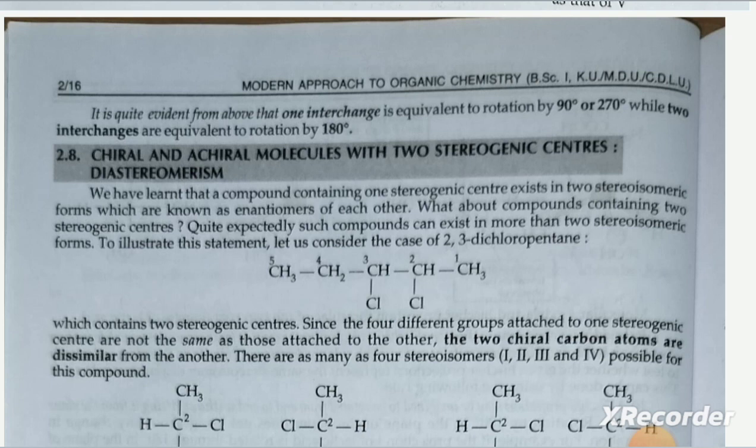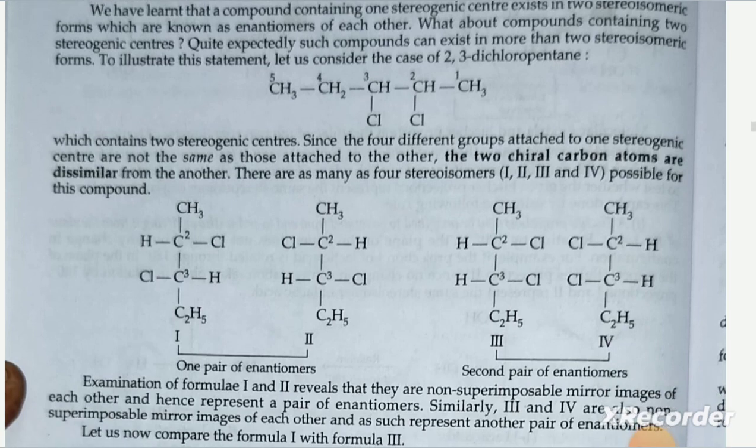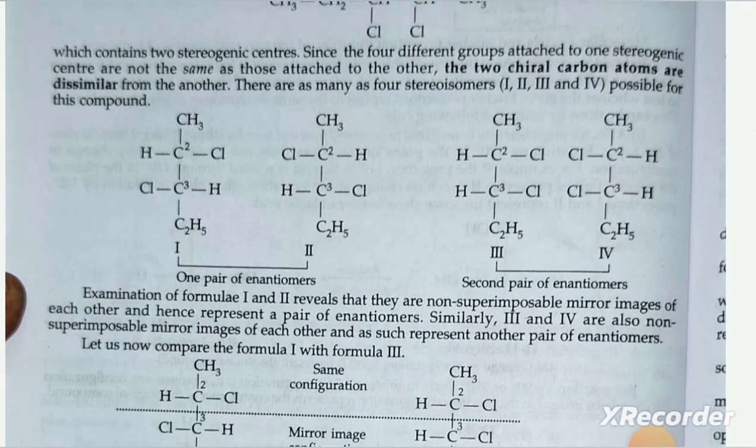Since the four different groups attached to one stereogenic center are not the same as those attached to the other, the two chiral carbon atoms are dissimilar from each other. There are as many as four stereoisomers, first, second, third, and fourth, possible for this compound. First and second are one pair of enantiomers, and third and fourth are the second pair of enantiomers.